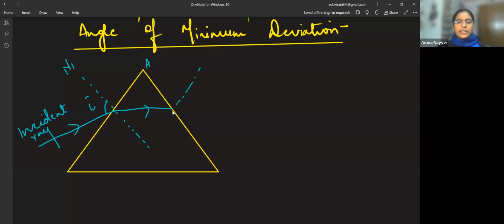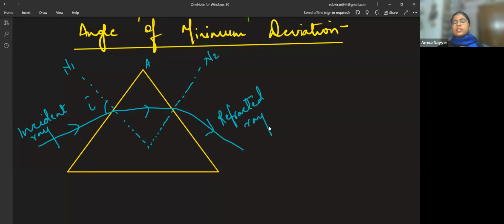Again, at this surface, we'll have one more normal, that is N2. And here the rays will get refracted. This is the refracted ray. Between the normal and the ray, the angle of refraction, we also use the term emergence, meaning angle of emergence, for the surface from which the ray has emerged. All right.